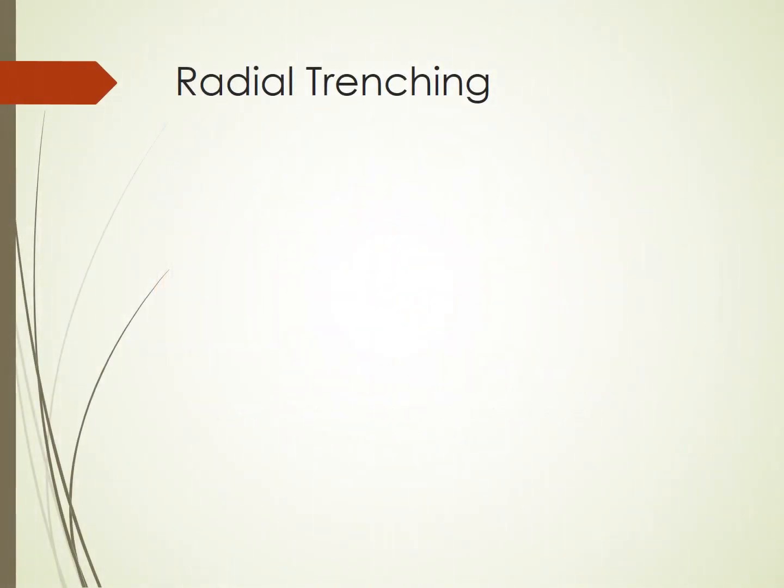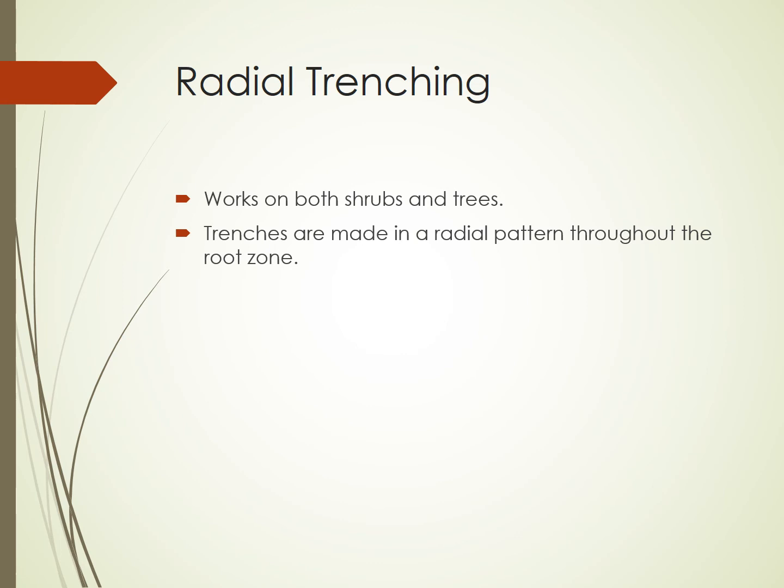Radial trenching is something that we also discussed earlier in class. It's a procedure that can be done to both shrubs and trees. Trenches are made in a radial pattern throughout the root zone of the tree or shrub, and those trenches extend beyond the drip line because remember, the root system will also extend beyond the drip line.